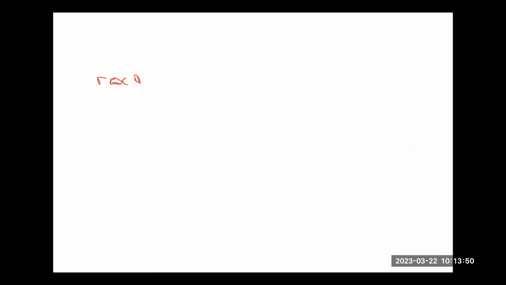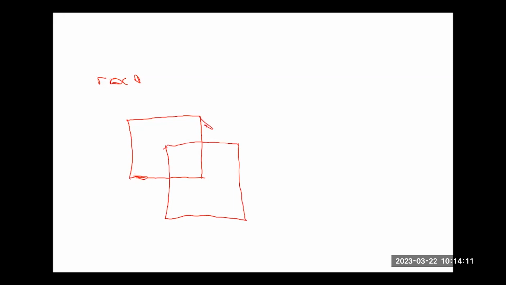So do you guys remember the representation of FCC? Hocam, we should use the face diagonal. Perfect, perfect. So remind me how to do that.